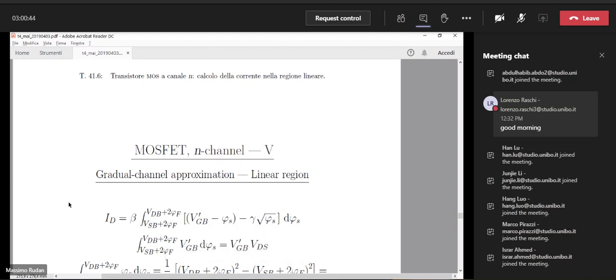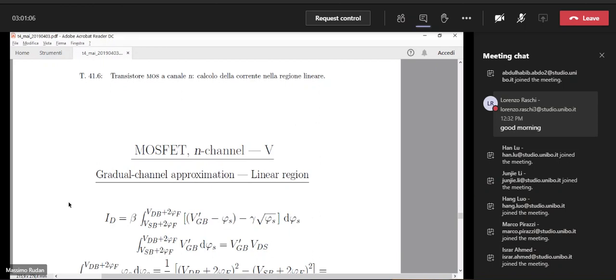If we make the small signal analysis, in essence, we take the differential of the current, okay? We calculate the small variation of the current as a differential, calculated in the working point.